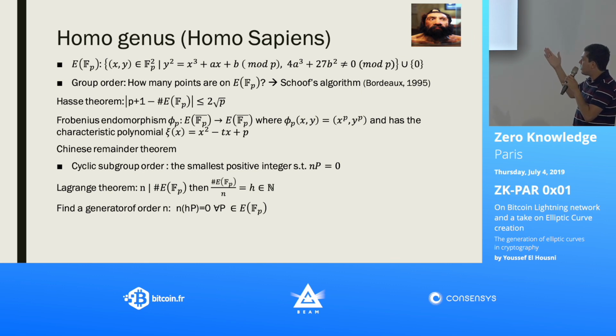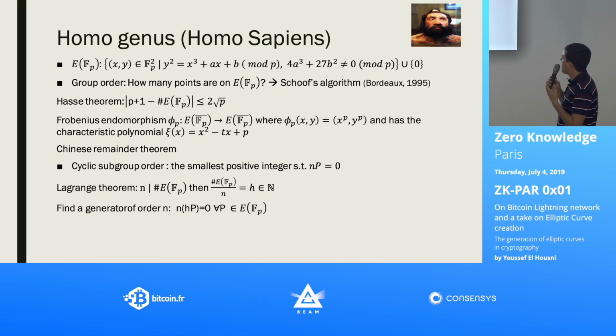But since it is a quadratic equation, you will have maybe 0, 1 or 2 solutions. So this is p plus 1 minus what we call the Frobenius trace. There are many ways to define the Frobenius trace, but this is one of them. And we define a cyclic group: if you take a scalar and multiply it by a point, and it is equal to 0, it is a subgroup of order n. All of this comes to the point of how we can use elliptic curves in cryptography.